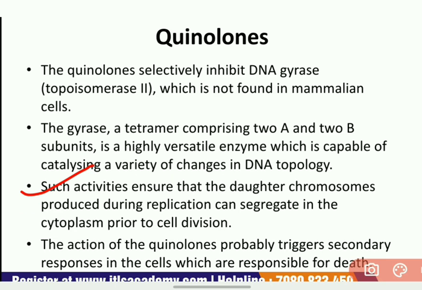Such activities ensure that the daughter chromosomes produced during replication can segregate in the cytoplasm prior to cell division.